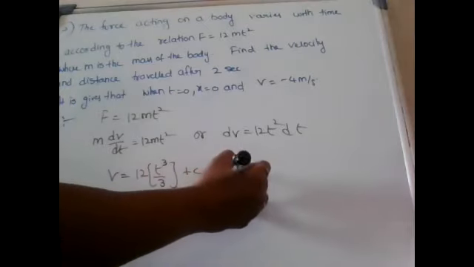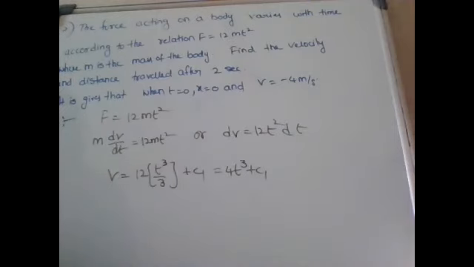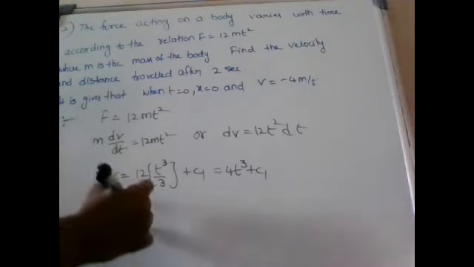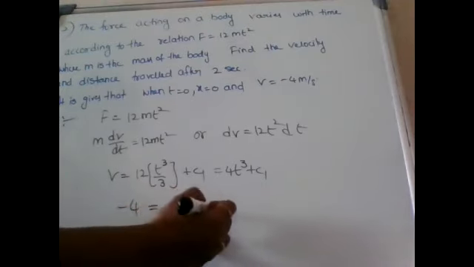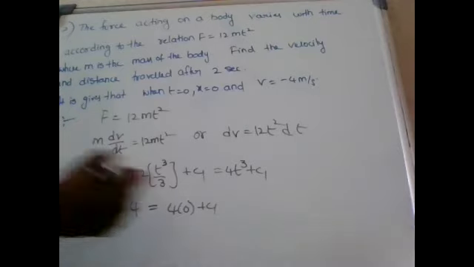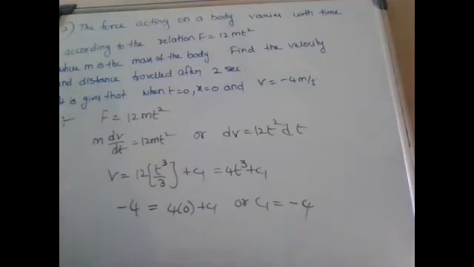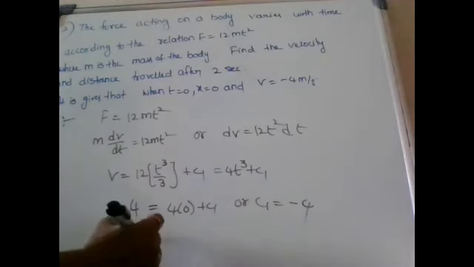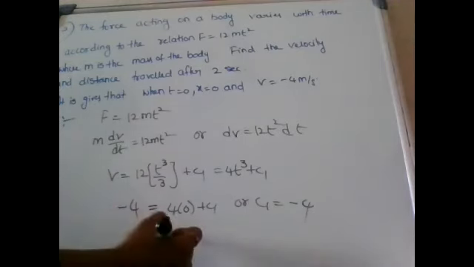So 4 t cube plus c1. So applying the given boundary conditions, we get -4 equal to 4 into 0 plus c1, or from this c1 equal to -4. v equal to 4 t cube minus 4.